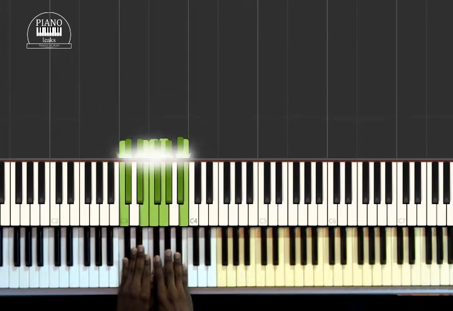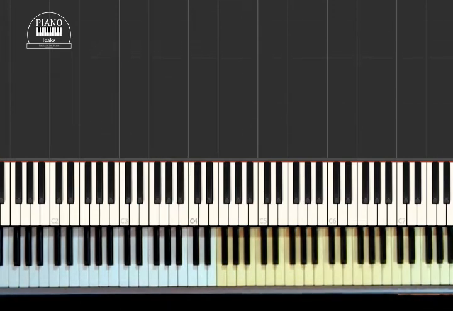All right, so let's get started. In every major scale, there are 7 notes. These notes are denoted as do, re, mi, fa, so, la, and ti.